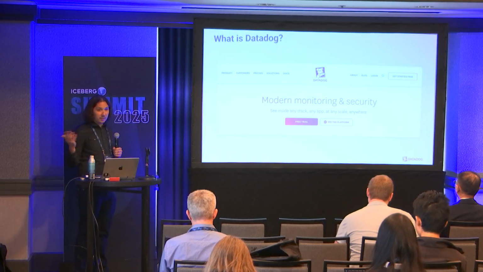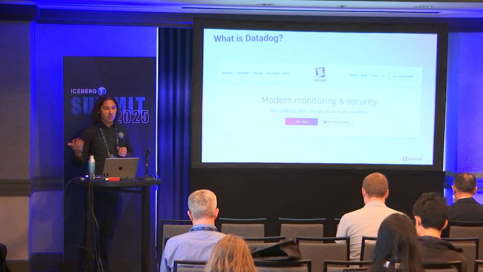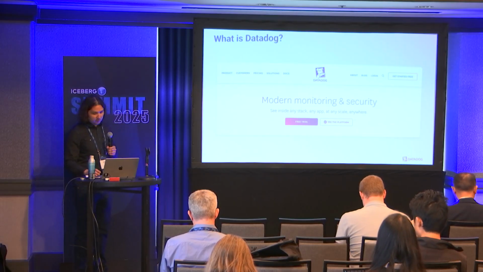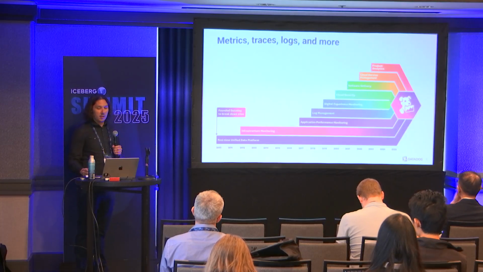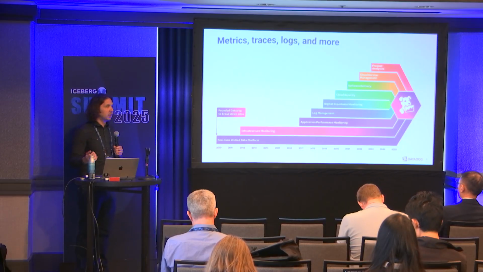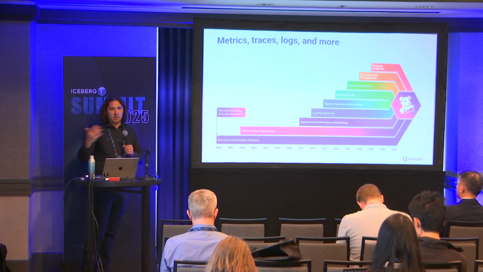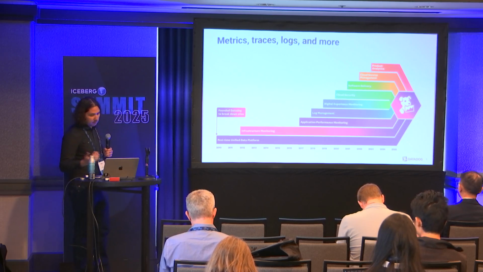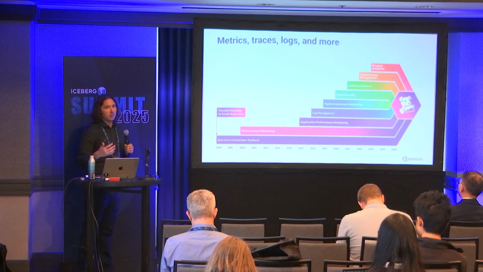Cool. So Datadog is an observability platform. It's a SaaS for monitoring your software applications and all the things related to that. Initially, it started in 2010 as an infrastructure monitoring product, so this is mainly metrics. It would collect metrics and allow you to visualize them and then send alerts on things in your infrastructure, like if the disk utilization on your database server was filling up, it would send you an alert.